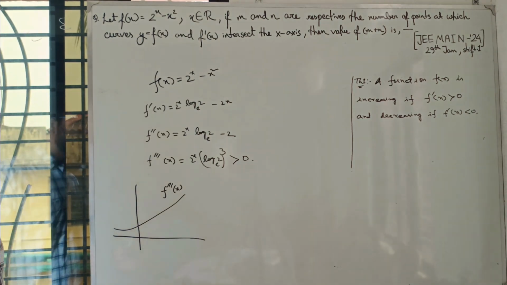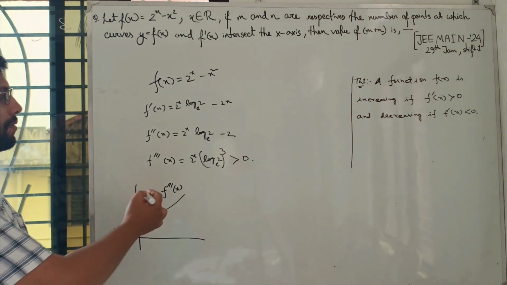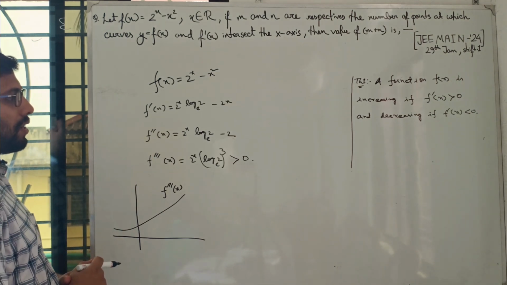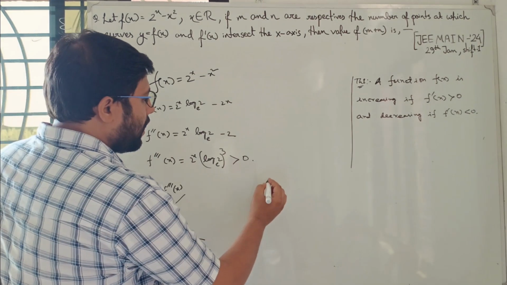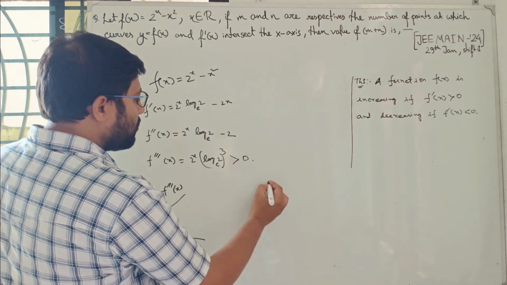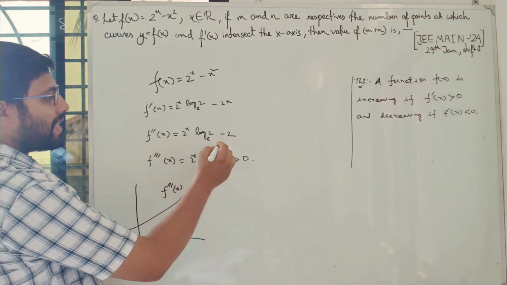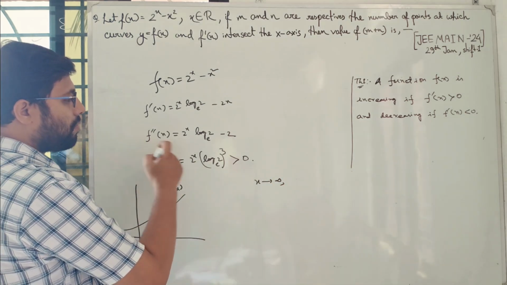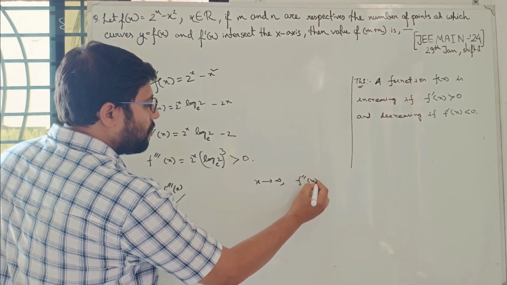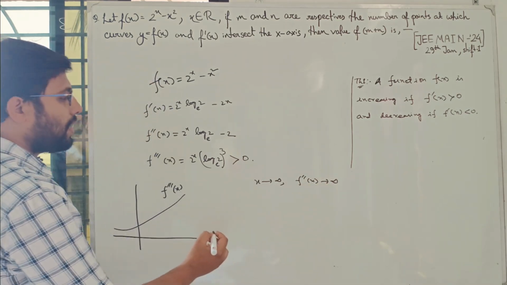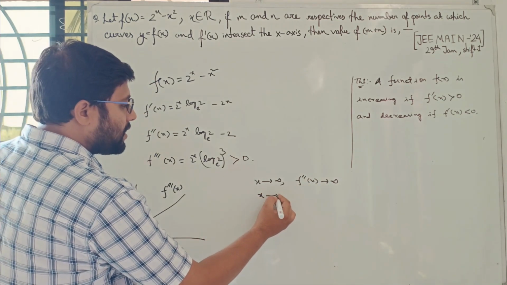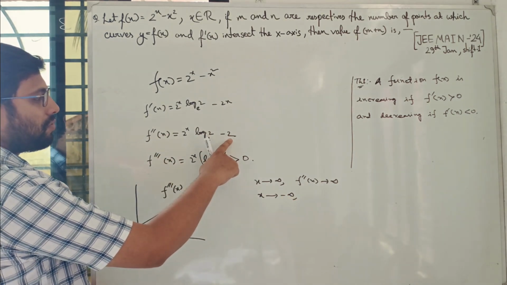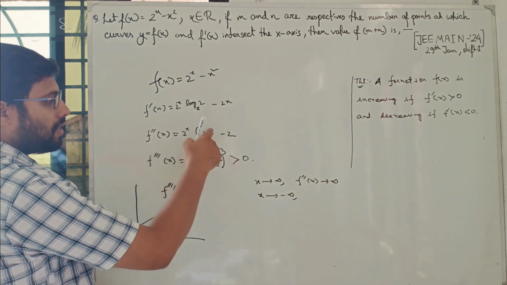Now since f'''(x) is always positive, f''(x) will be an increasing function. Now look, as x tends to plus infinity, f''(x) goes to infinity, and if we take x tends to minus infinity, f''(x) tends to minus 2, because this part will be 0.